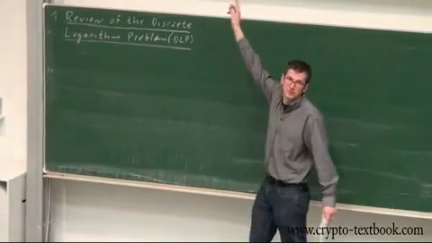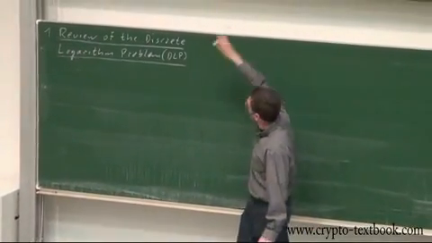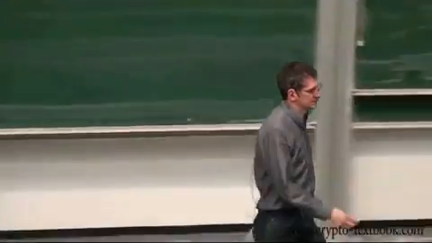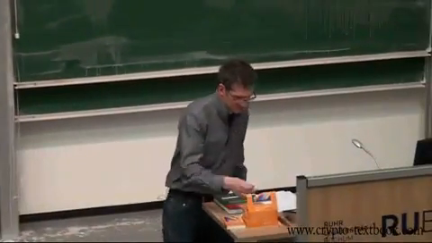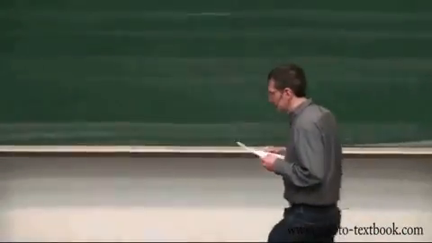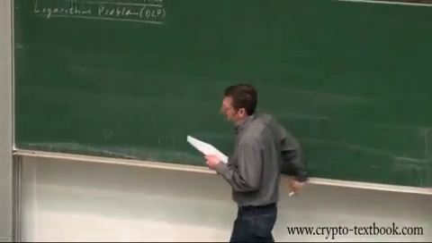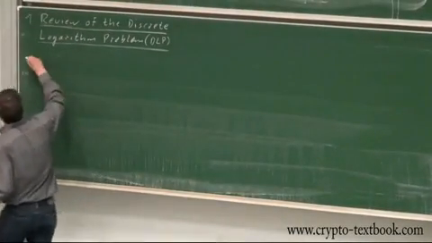If you're wondering what DLP means up there on this blackboard, it means discrete logarithm problem. And let's start with the example, actually the same example we had last time.